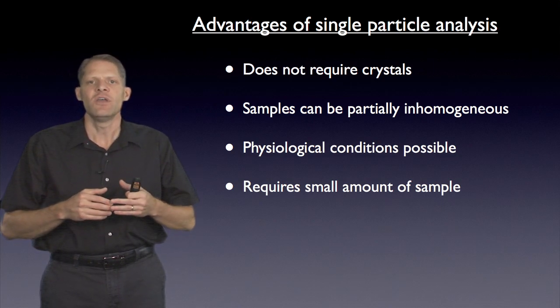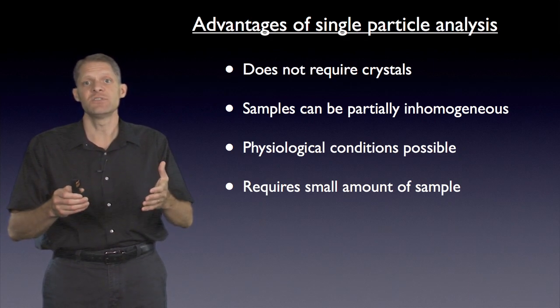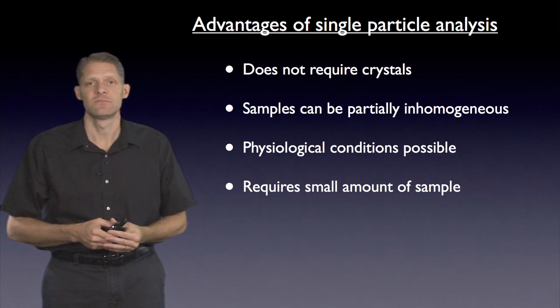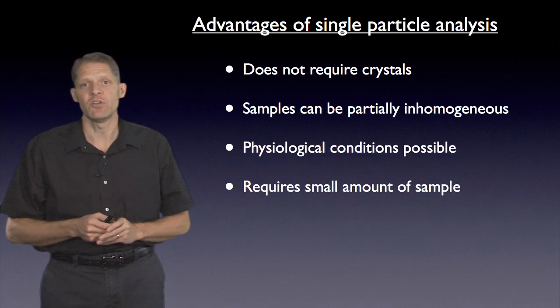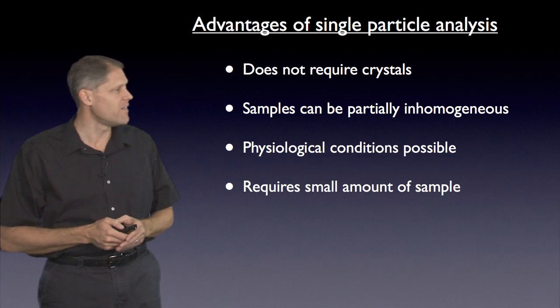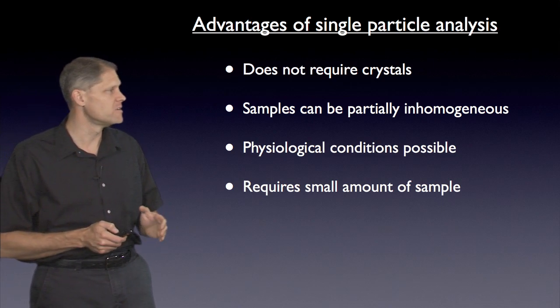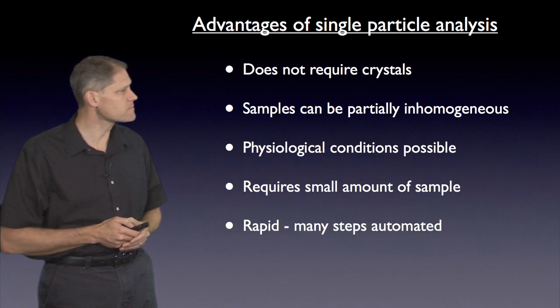And so, in the end, you need just tens of thousands of your particles in order to produce a high-resolution reconstruction in a well-behaved case. And this obviously is much, much smaller than is required by other structural techniques.